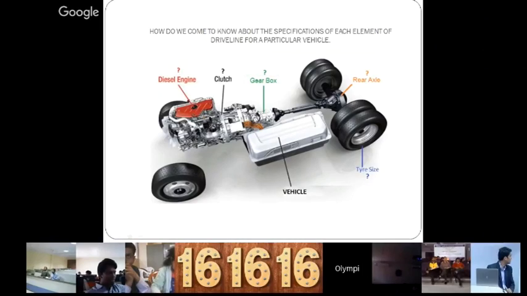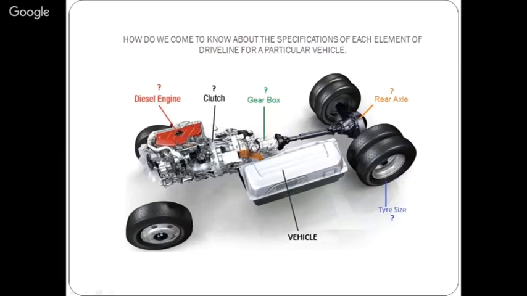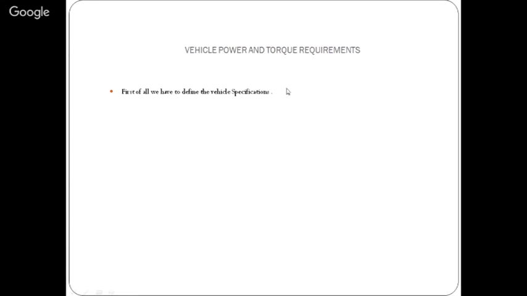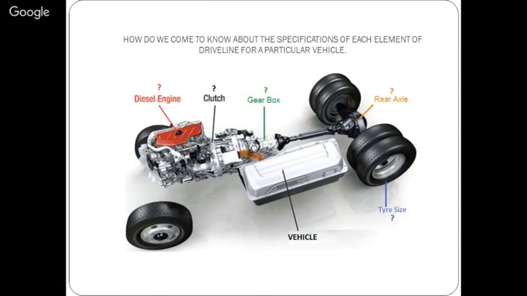As I explained earlier, this drivetrain includes engine, clutch, gearbox, rear axle, and tire size.